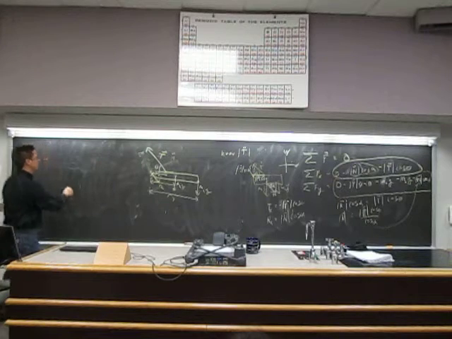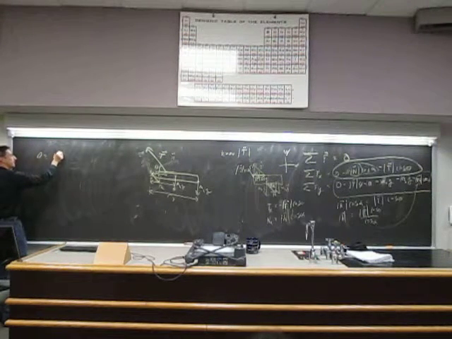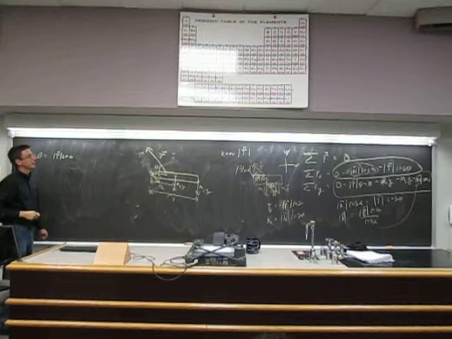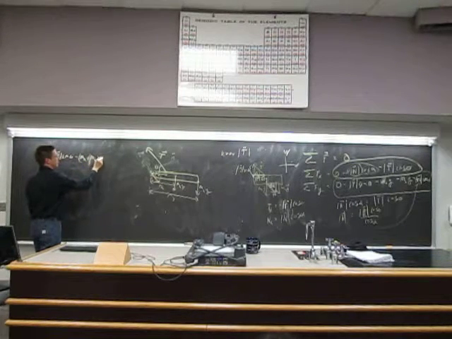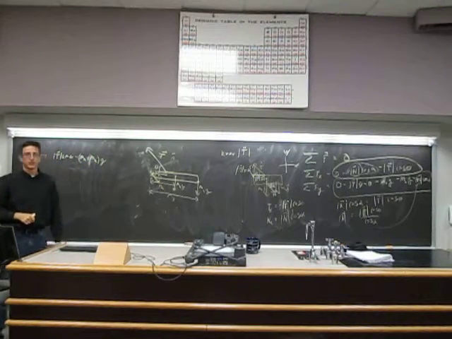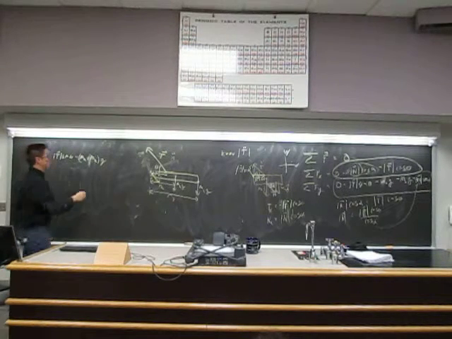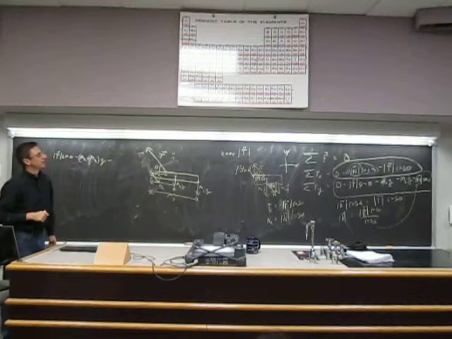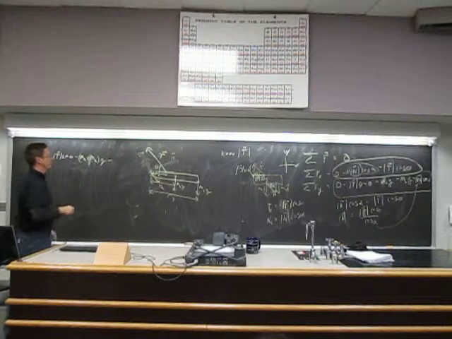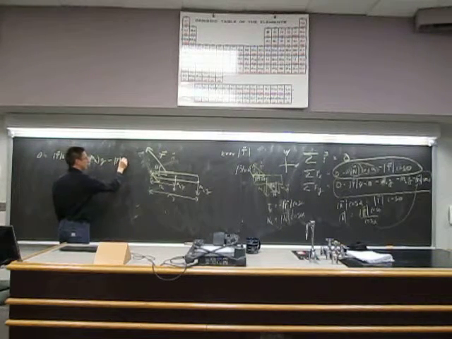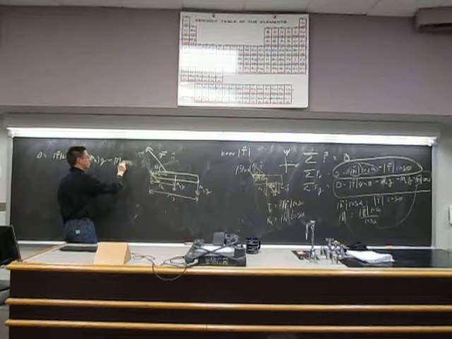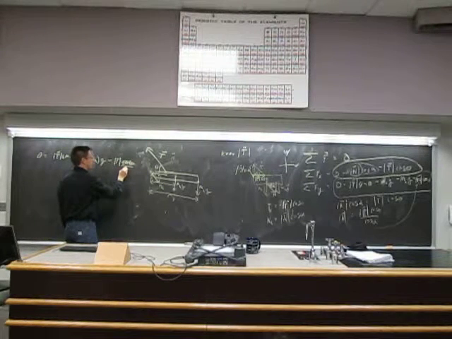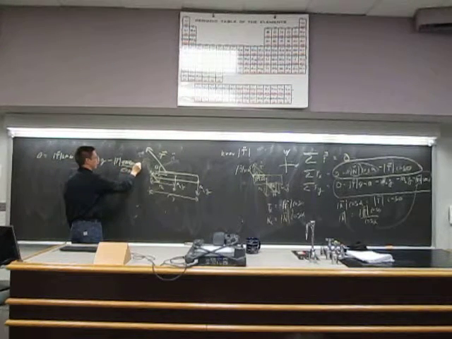So I would get 0 is equal to T sine of theta minus m_a g. I'm just going to write minus (m_a plus m_h) g, okay? Just combine two terms. Minus normal force sine of alpha, and I'm going to write the normal force as tension cosine of theta over cosine of alpha times sine of alpha.